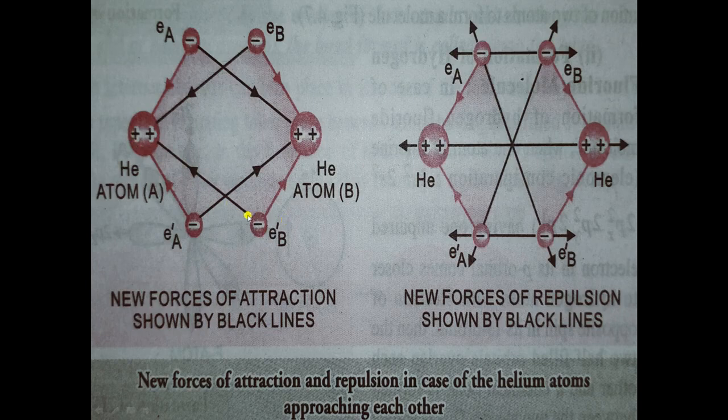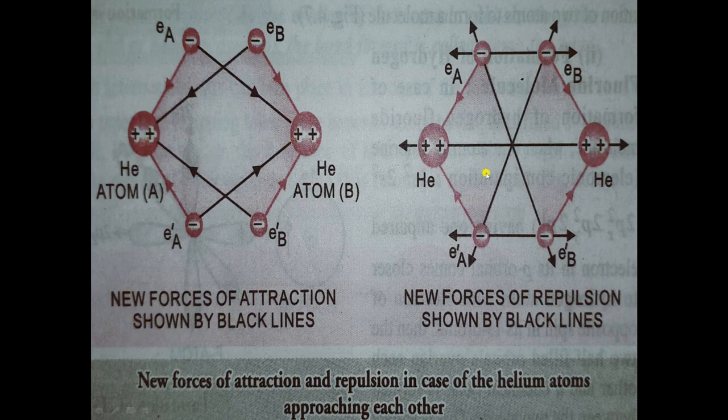So this is the second force of attraction. Now the third force of attraction is between the nucleus of the second helium atom and an electron of the first helium atom. And this is the fourth force of attraction, between the nucleus of the second helium atom and the other electron of the first helium atom. So these are the four forces of attraction which exist between the two helium atoms.